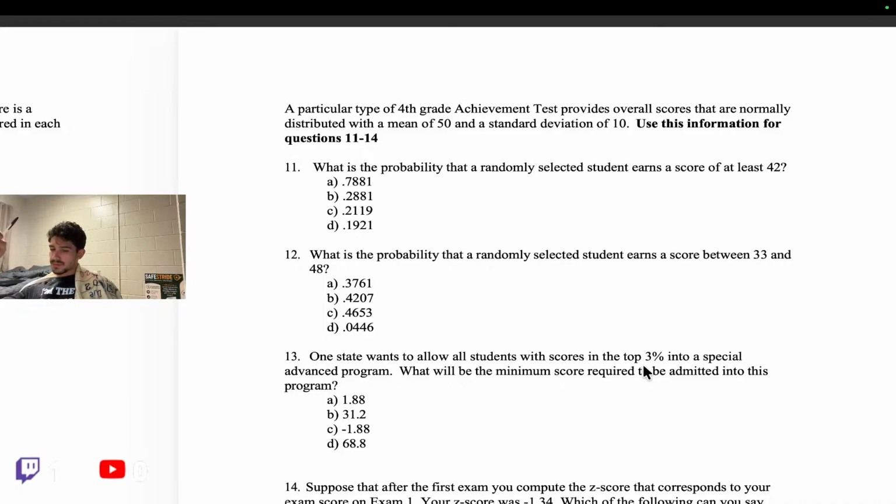So we have standard deviation is 10, our mean 50.